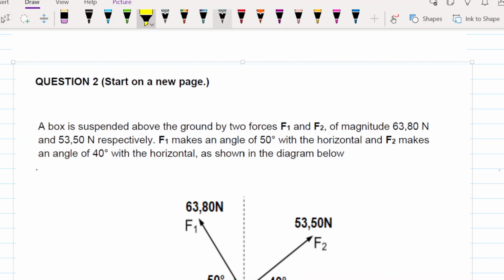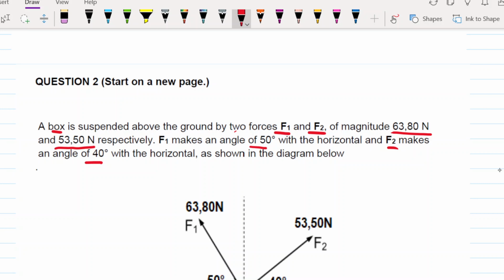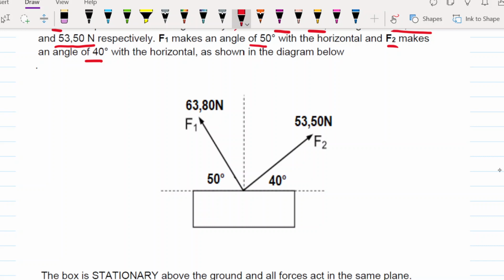A box is suspended above the ground by two forces F1 and F2 of magnitude 63,80 Newton and 53,50 Newton respectively. F1 makes an angle of 50 degrees with the horizontal, and F2 makes an angle of 40 degrees with the horizontal as shown in the diagram below. So this is the diagram.